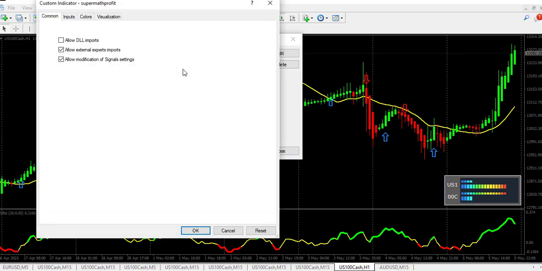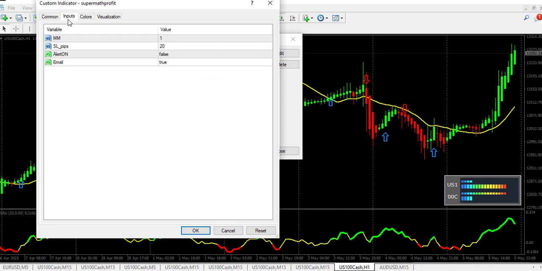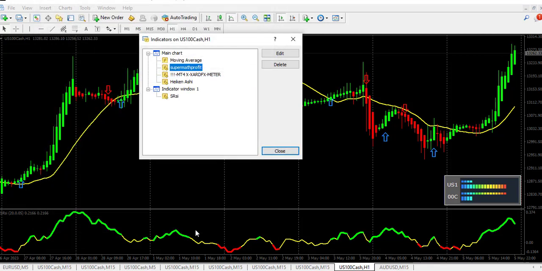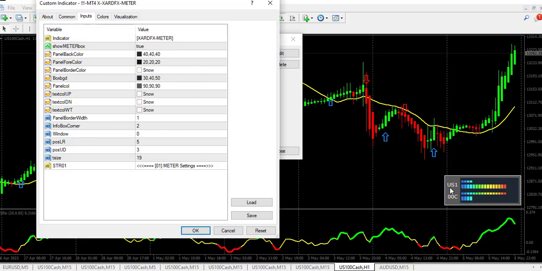And the second indicator is this super math profit indicator, and then here are the values and the colors, so you can set it up the way you want. This arrow indicator, and the third indicator here that gives us the strength of the currency that we are trading, and these are the values for this particular indicator.